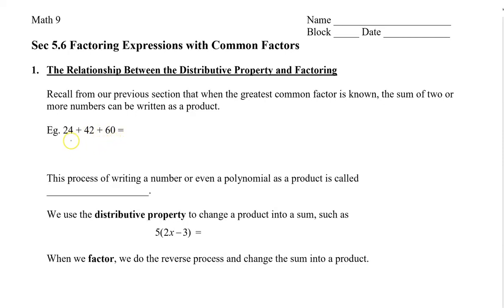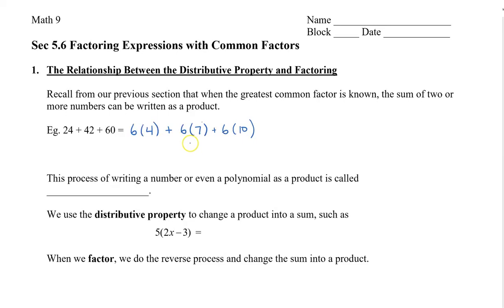So we know that 6 is the greatest common factor out of all these three numbers, and we can rewrite this as 6 times 4. 42 can be written as 6 times 7, and 60 can be rewritten as 6 times 10.